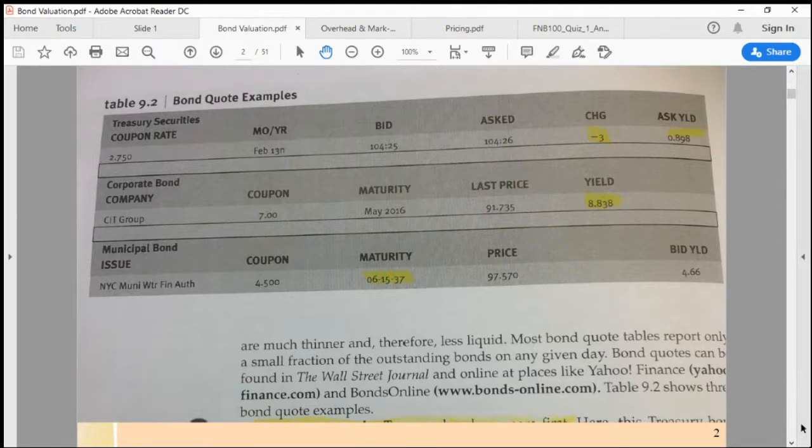So then the next question is, who would want to invest in Treasury? I mean, if Treasury pays this low return, which is not even 1% a year, what is the merit of the Treasury?